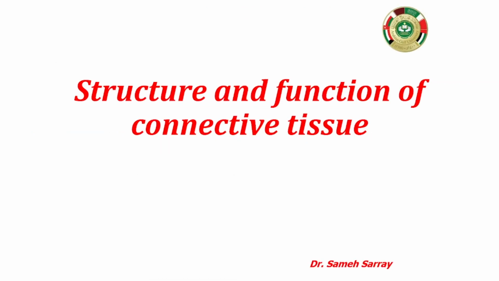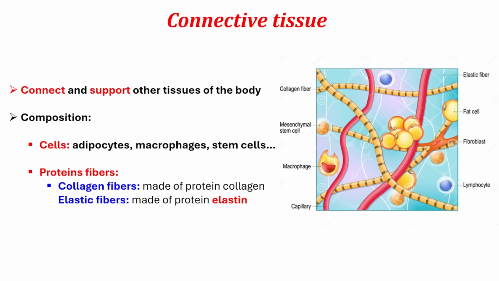All right, so we move to the connective tissue. Connective tissue, from its name, its function is connection and structure, to support other tissues. What is it composed of? It is composed of protein fibers, collagen and elastin. These are the two protein fibers present, and it also contains different kinds of cells.